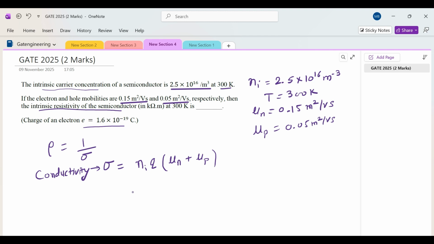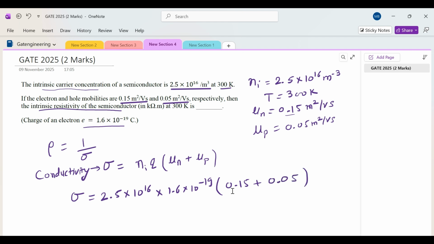Here, all this information is given in the question, where Ni is 2.5 into 10 to the power 16 per meter cube, q is the charge of electron, which is 1.6 into 10 to the power minus 19 coulomb, mu n is 0.15 meter square per volt second, and mu p is 0.05 meter square per volt second. If we substitute all these values in this equation, we get 2.5 into 10 to the power 16 multiplied by 1.6 into 10 to the power minus 19 multiplied by 0.15 plus 0.05.